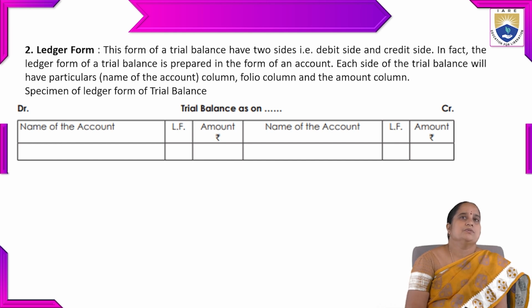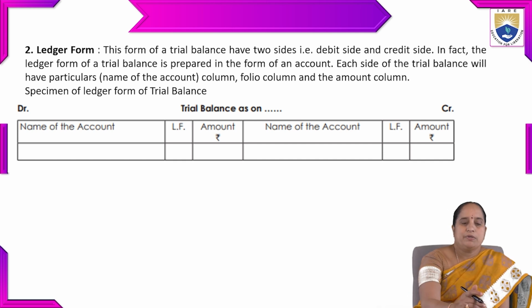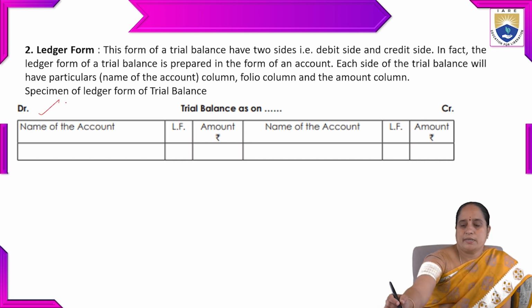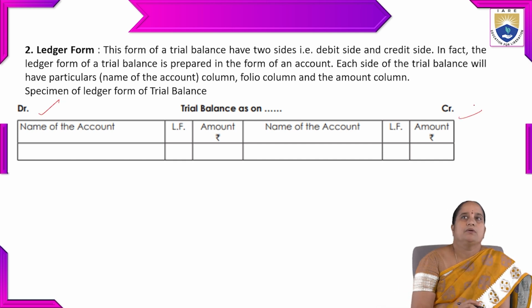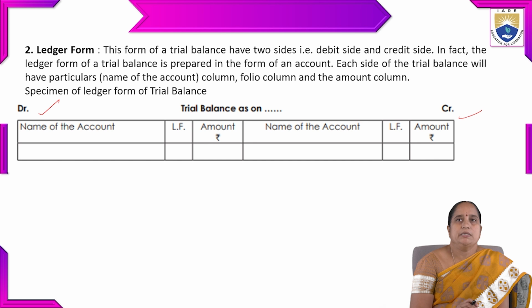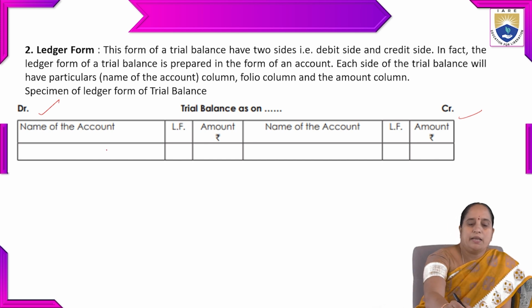Then the second one is the ledger form. This form of trial balance has two sides: left hand side, debit side, and right hand side, credit side. In fact, the ledger form of a trial balance is prepared in the form of an account. Each side of the trial balance will have particulars, that is the name of the account, and the ledger folio.